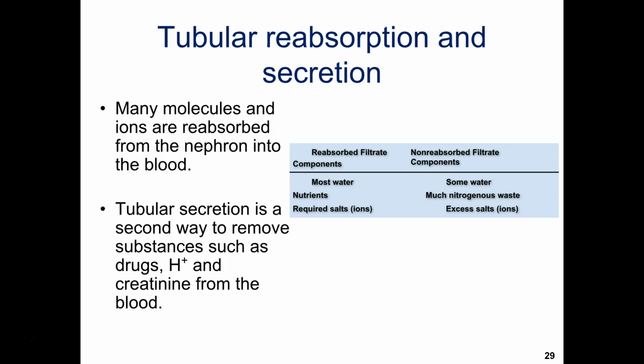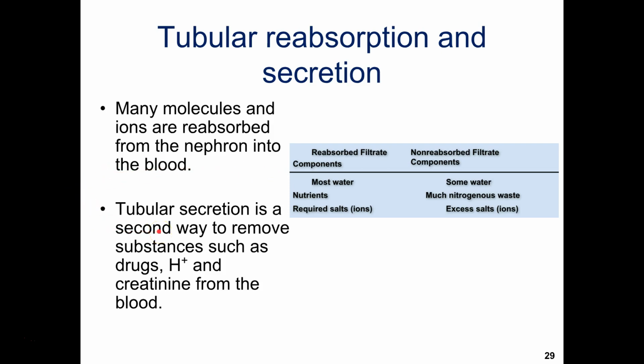So many of the things that were on their way to becoming urine are actually coming out in the proximal and distal convoluted tubules and are getting reabsorbed into the blood because you want to keep them. It would not be very efficient if you were just peeing out glucose every time you ate glucose, okay? Or every time you were producing glucose by breaking down more complex molecules.